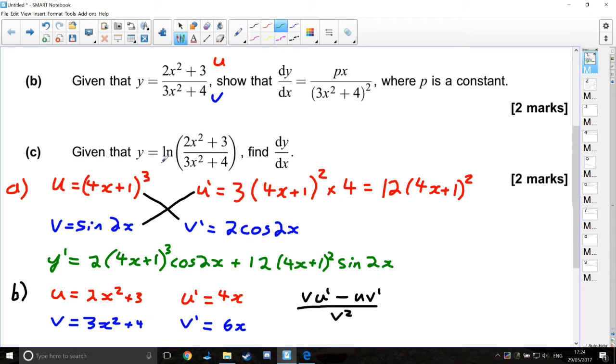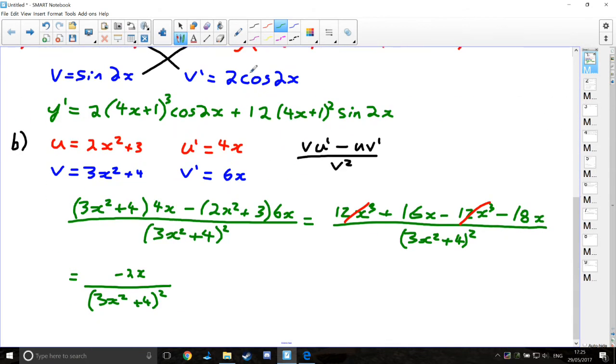The next one then, given that y is equal to the natural log of this, find dy by dx. Now, it's a little bit suspect that everything here is in this bracket here. So, whenever you differentiate a logarithm, you get 1 divided by whatever's in the bracket multiplied by the derivative of what's in the bracket. That's how a chain rule with a logarithm works.